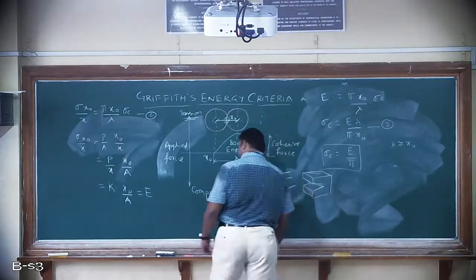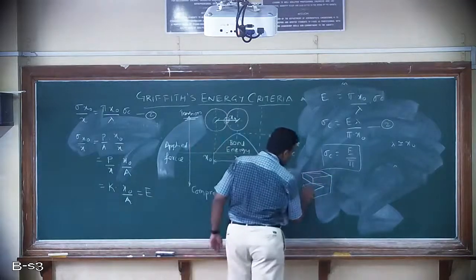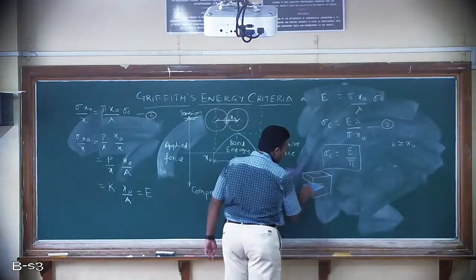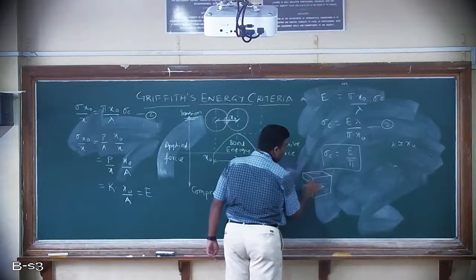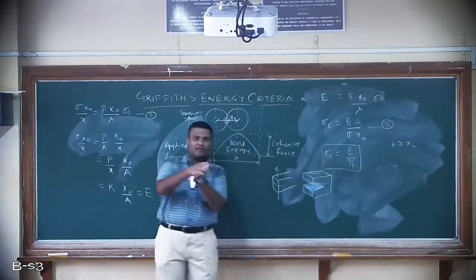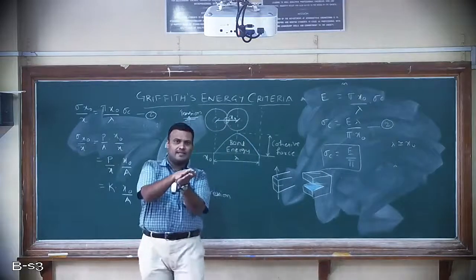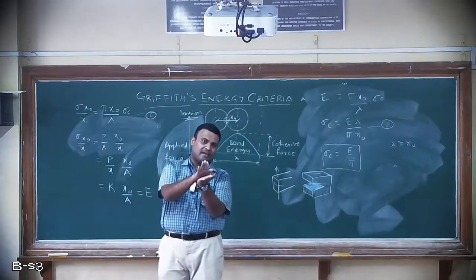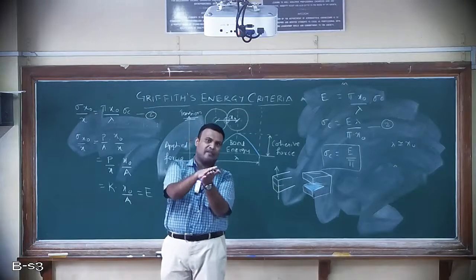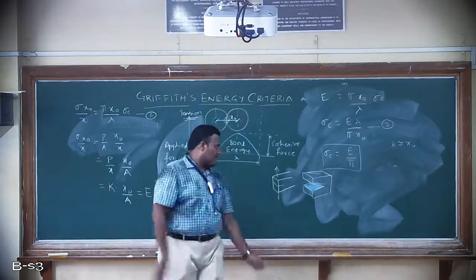So here you will have one surface which is the new surface created here. Similarly, you will have another new surface created on the bottom side. That is, when the material opens up or fractures, one surface is the bottom surface and the other surface is the top surface. So two surfaces are created.